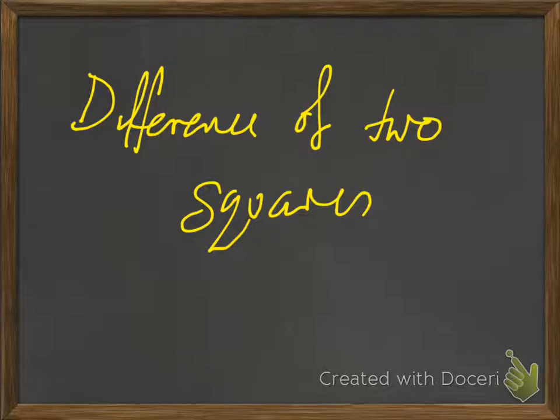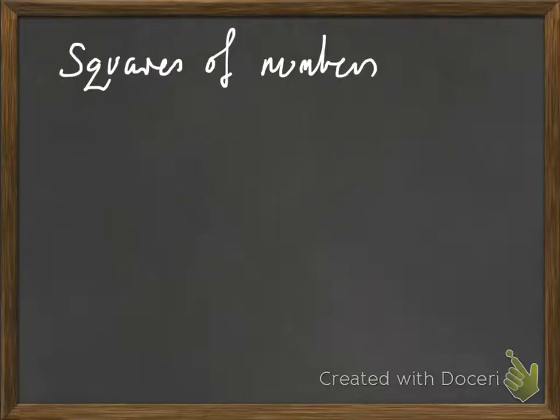So now I'm going to talk about the difference of two squares, which is a special case within quadratics, and is fairly easy to do as long as you know the rules. In fact, there's only really one thing you need to know. First, you need to know the squares of numbers, for instance what the square of 6 is, of 7, of 10.